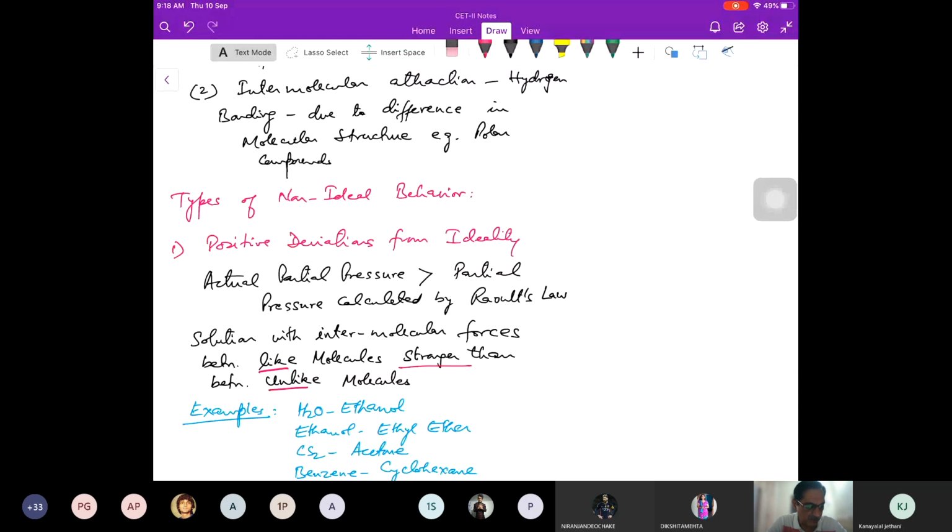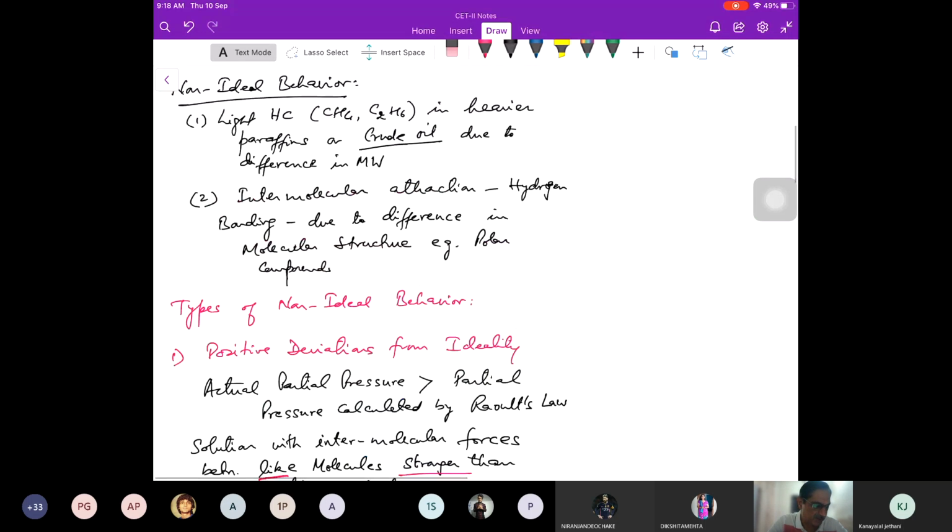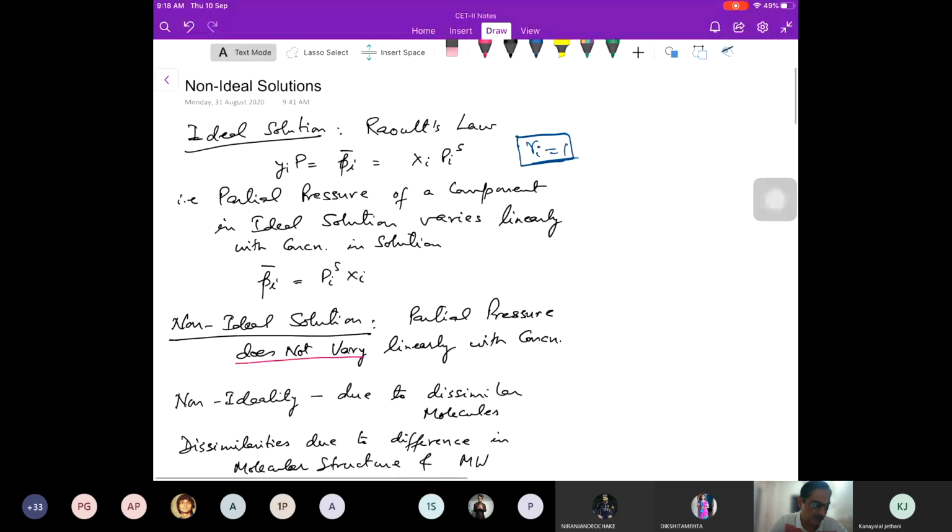When the actual partial pressure is greater than the partial pressure calculated by Raoult's law, we can calculate the partial pressure from Raoult's law: pi bar is equal to xi pis. If you know pis, the vapor pressure of component i, and the mole fraction in the liquid phase, we can calculate the partial pressure in the vapor phase.